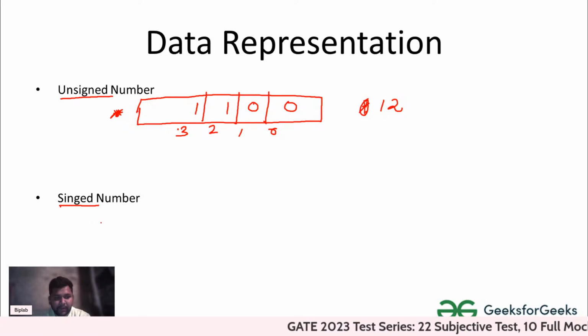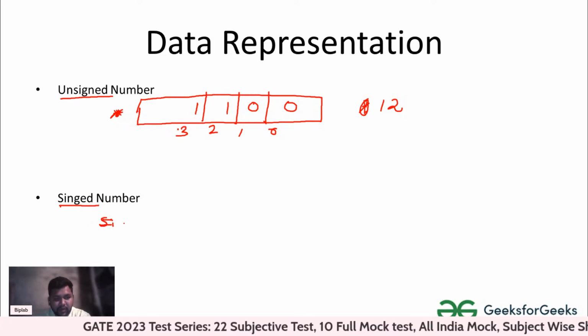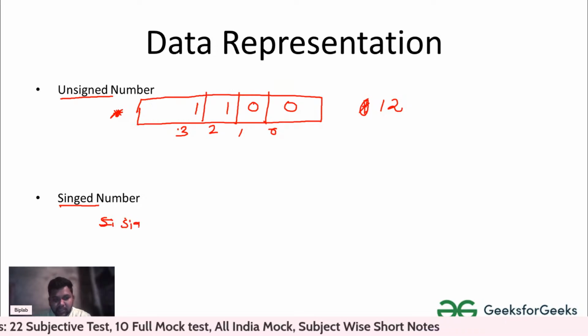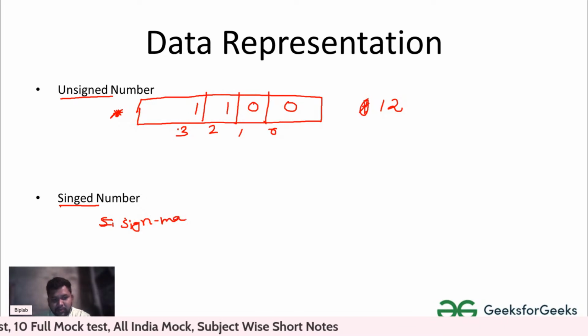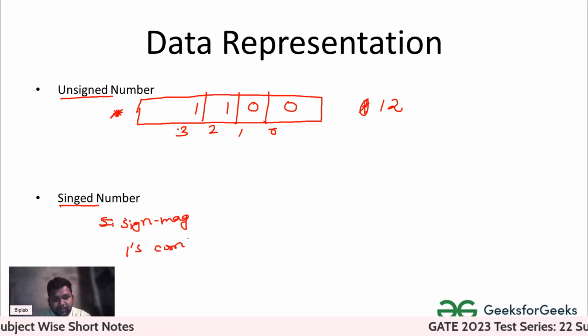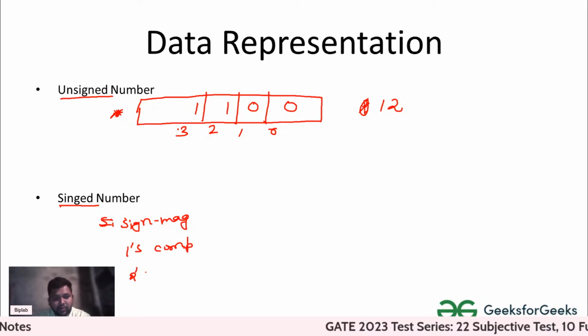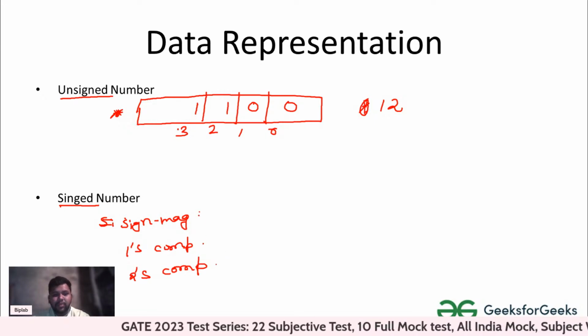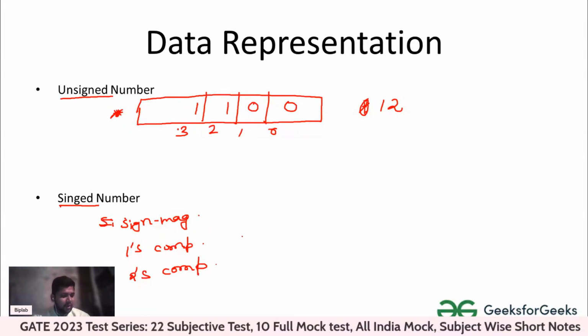So for that there are three methods that we will learn. First one is sign magnitude. Another one is one's complement and the third is two's complement. Let's go through them one by one.